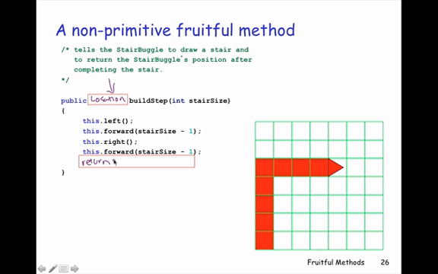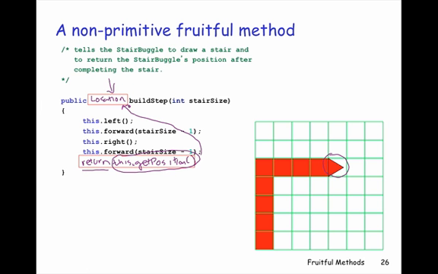And the thing that we want to return is the result of get position. So get position would return the position of the bugle at its final position, say over here. Then this expression would denote that position. And return says, take that position and throw it back to whoever called build step.